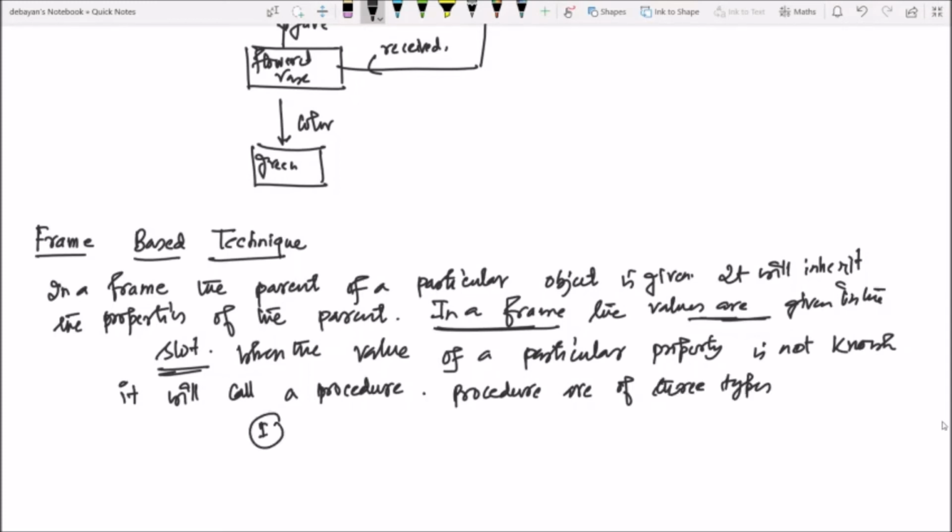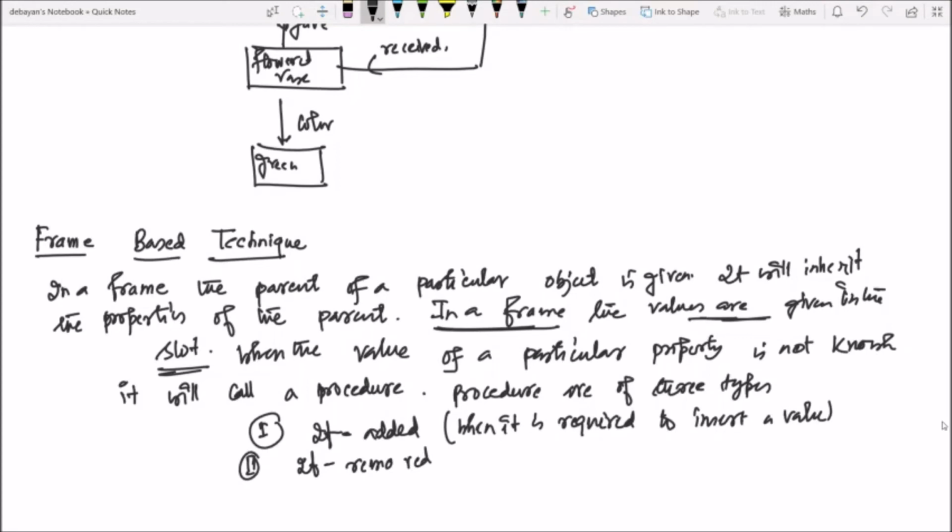The first type is if added, that means when it is required to insert a value, then you call this particular procedure. Otherwise you have to call if removed, and the name suggests that when it is required to delete a value, and if needed, that means it is required to search a value. This is search a value, that is delete a value. So this is nothing but the frame based knowledge representation.